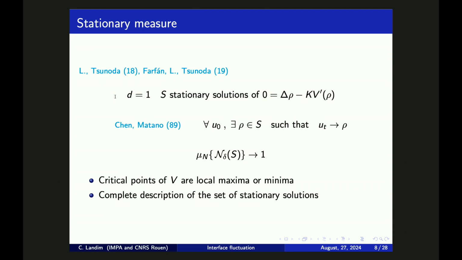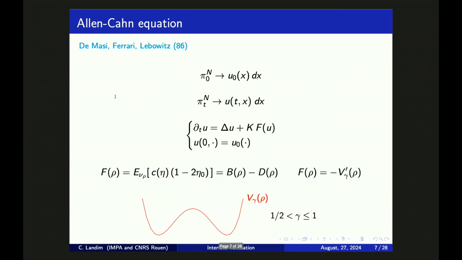But of course, among these stationary solutions, you have unstable solutions. I will say that a solution is unstable if you have seen already what a heteroclinic orbit is. Let me recall: you have a heteroclinic orbit between two stationary states if you have a solution of the hydrodynamic equation which as t tends to plus infinity converges to gamma 1, and as t tends to minus infinity converges to gamma 0.